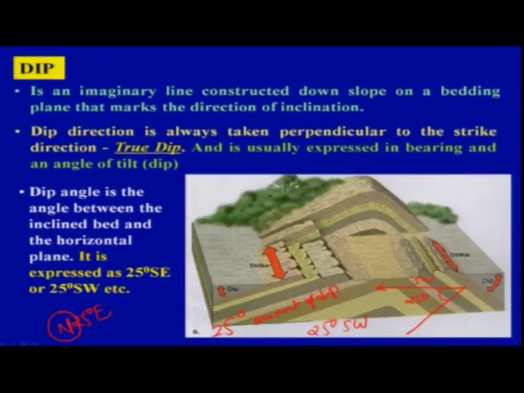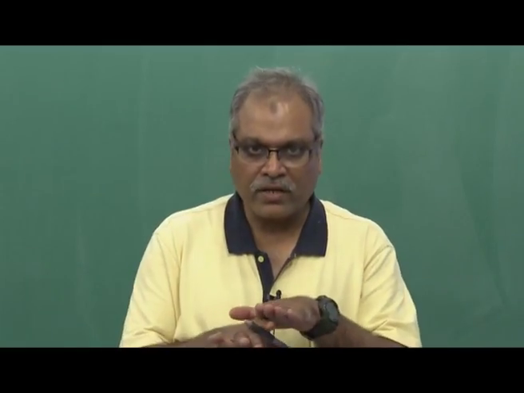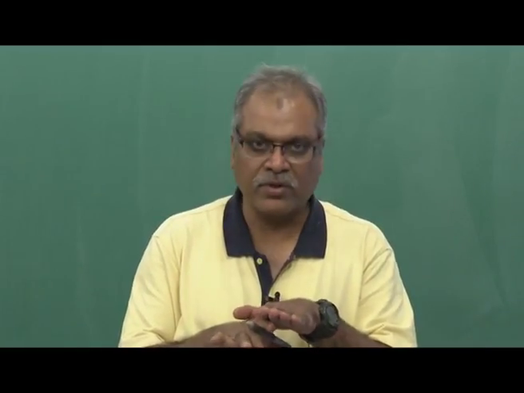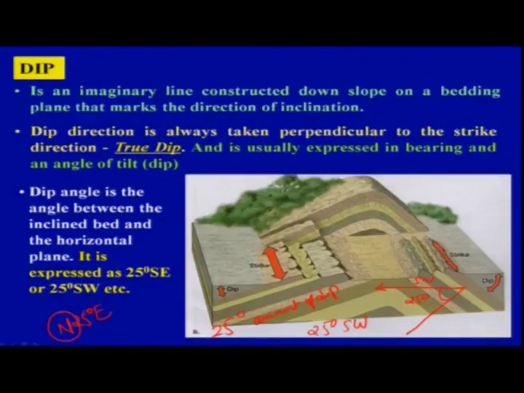Unless you have horizontal beds, in which case it is difficult to measure the strike. So this is what has been shown here. Suppose you have an outcrop which is exposed and shows the inclination. These are the inclined beds seen on the surface.